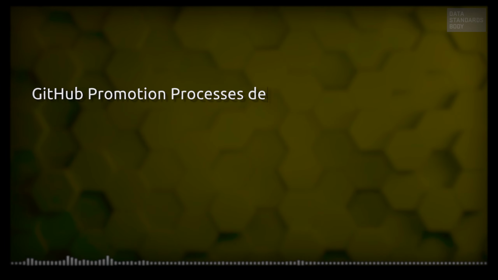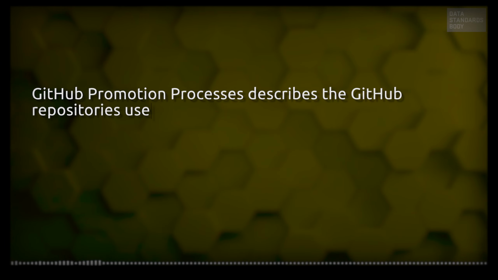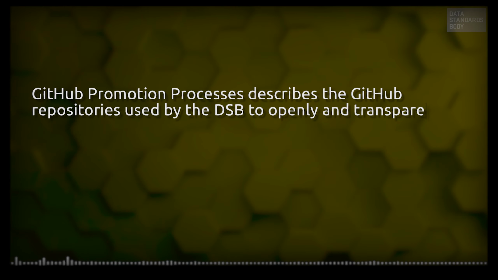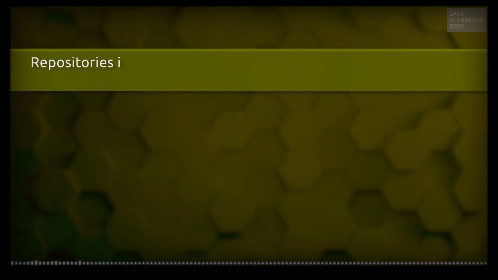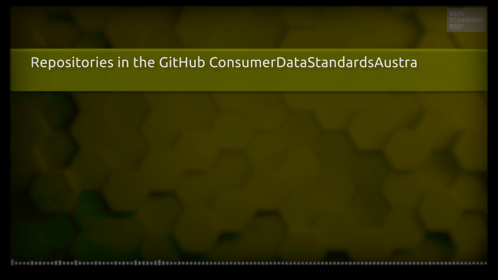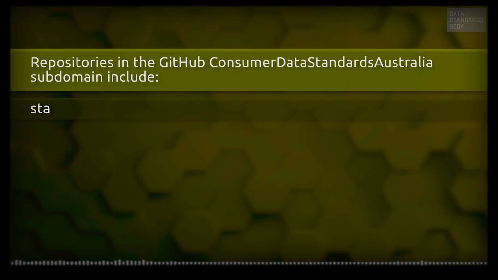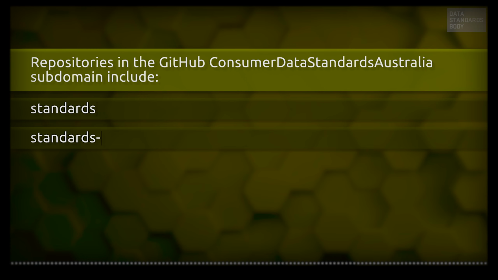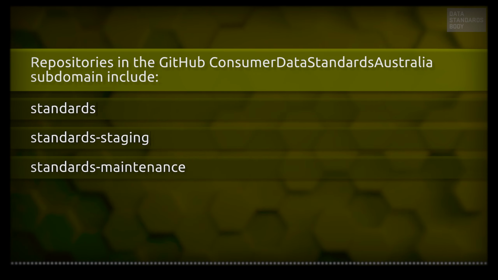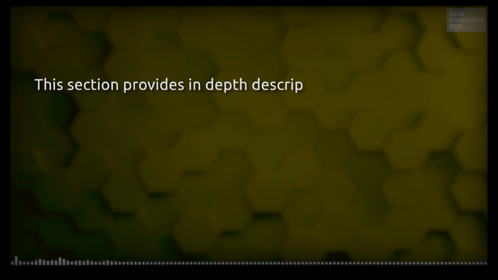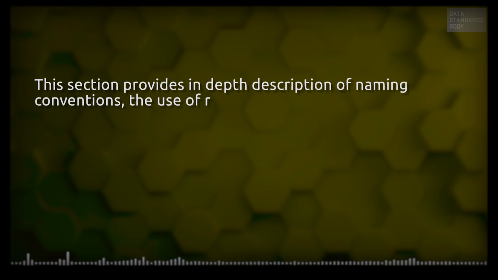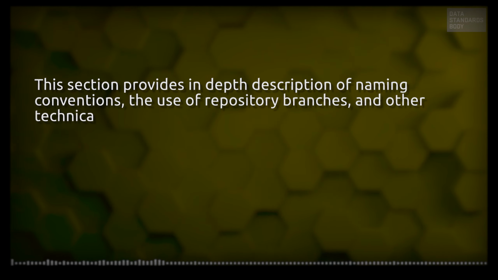GitHub Promotion Processes describes the GitHub repositories used by the DSB to openly and transparently manage the standards. Repositories in the GitHub Consumer Data Standards Australia subdomain include Standards, Standards Staging, Standards Maintenance. This section provides in-depth description of naming conventions, the use of repository branches, and other technical details.